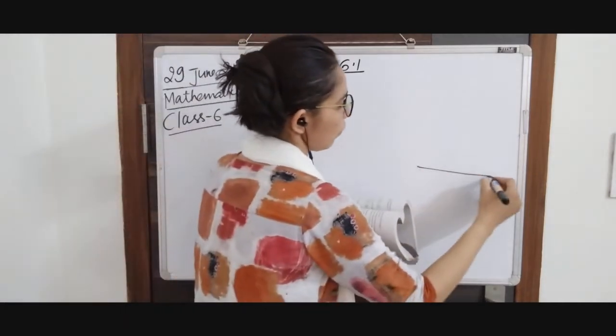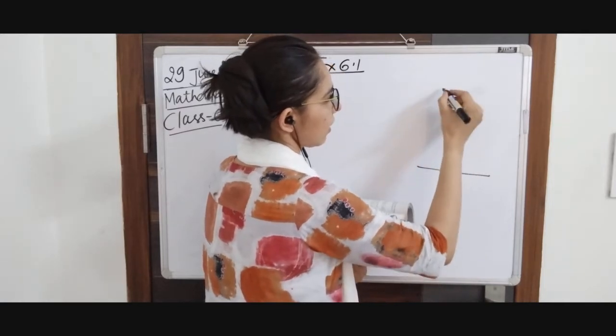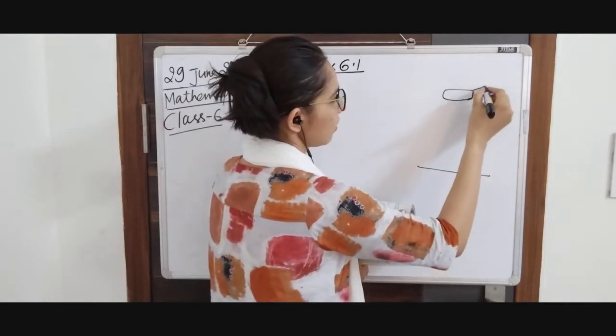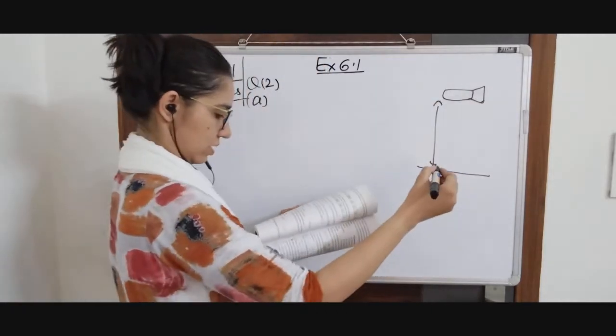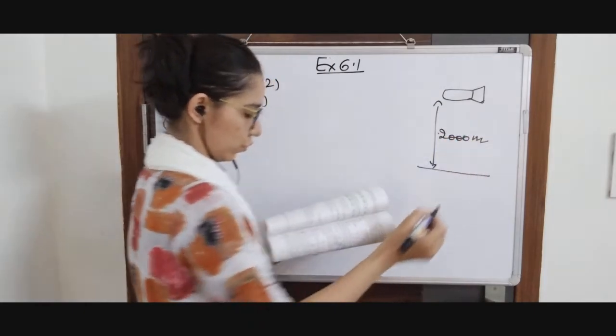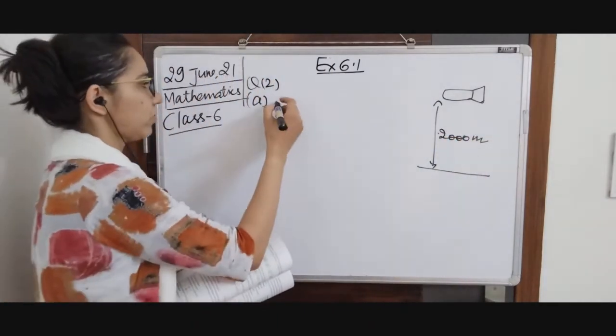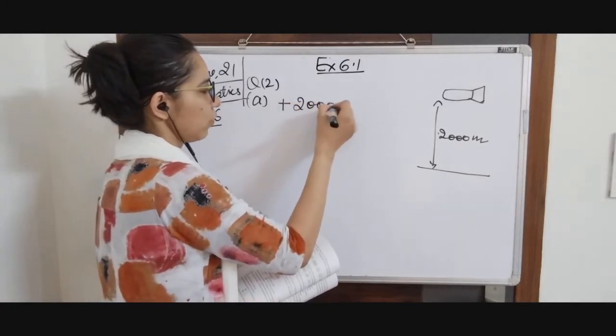So if this is ground, your aeroplane is flying here, above 2000 meters. So your integer with sign will be plus 2000 meter.